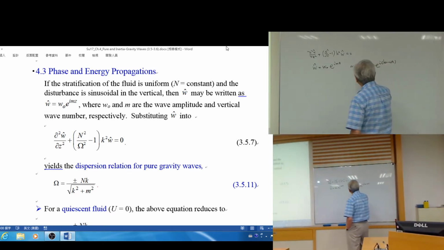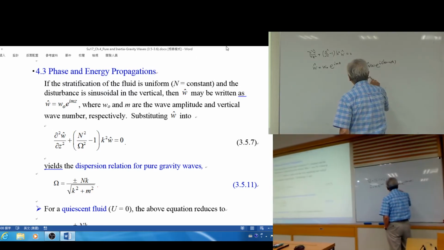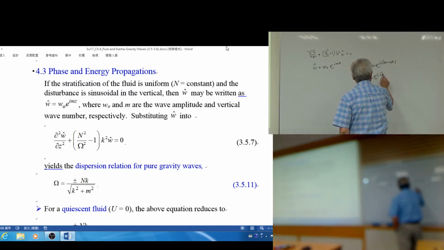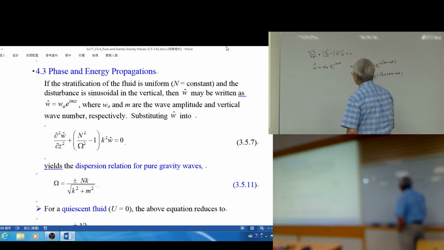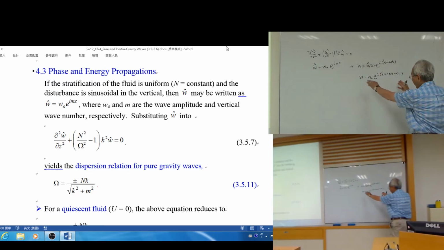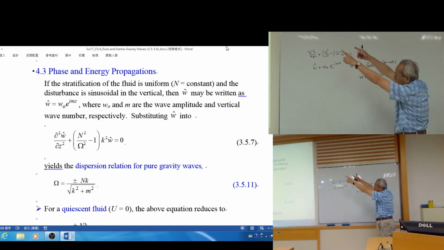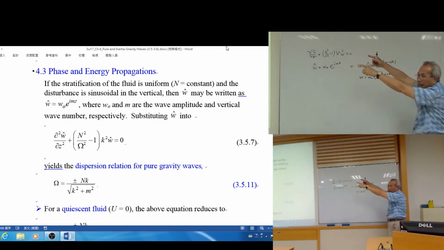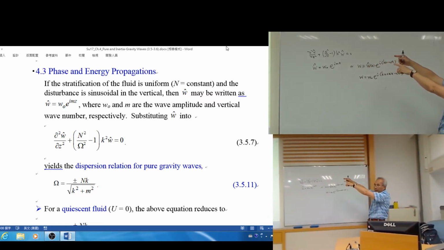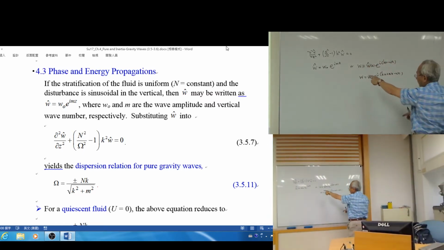If in the beginning we assume W equals W naught e to the i of (kx plus mz minus omega t), then we can just plug this into the original Taylor-Goldstein equation. Then it's the same as here.